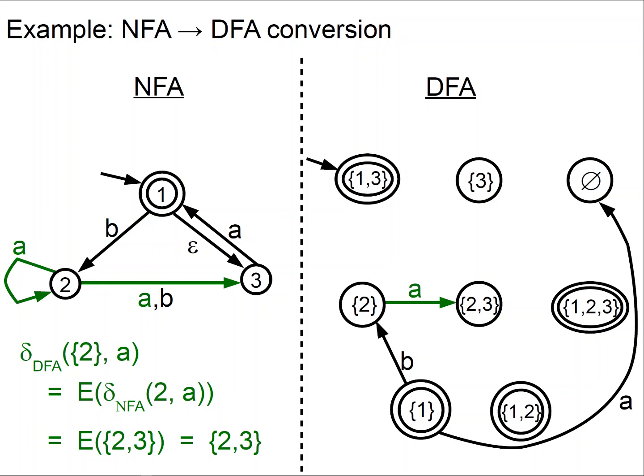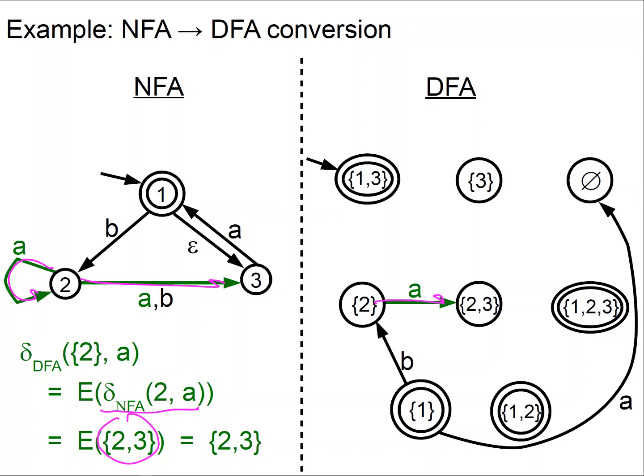If you read an A, you have the epsilon closure of delta NFA of 2, A. This will be the set {2, 3}, because in the NFA from state 2, if you read an A, you can go back to 2, and you can also go to 3. And so you have this arrow here.